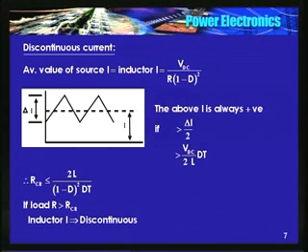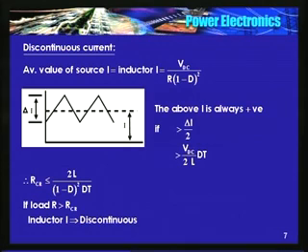Now, if this value of current is higher than delta I by 2, this is the ripple, the inductor current is always positive, therefore it is continuous.